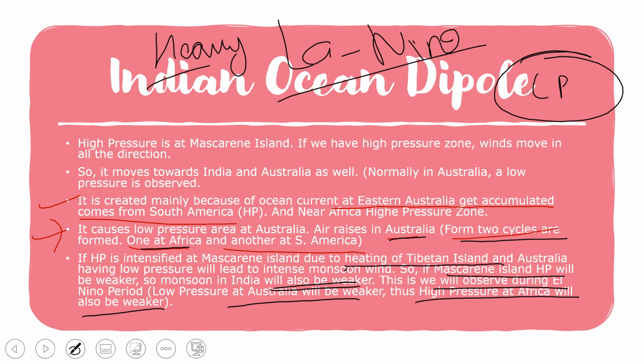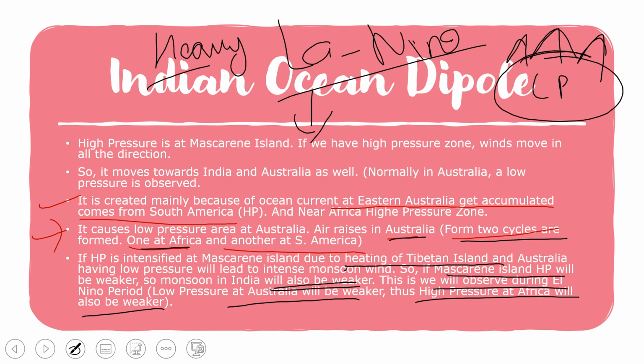The low pressure at Australia will be very, very low compared with the normal temperature. So ultimately the intensity of water vapor rising above will be very high, and it will fall at Mascarene Island at a very high pace, and ultimately the hitting of these Mascarene Island regions and Somalia regions, the rainfall in all these regions will be very high.